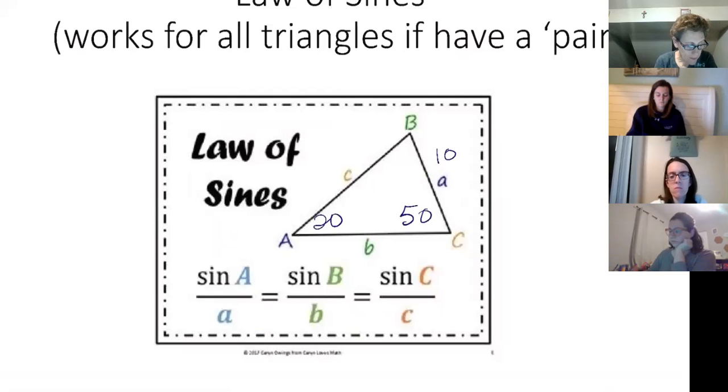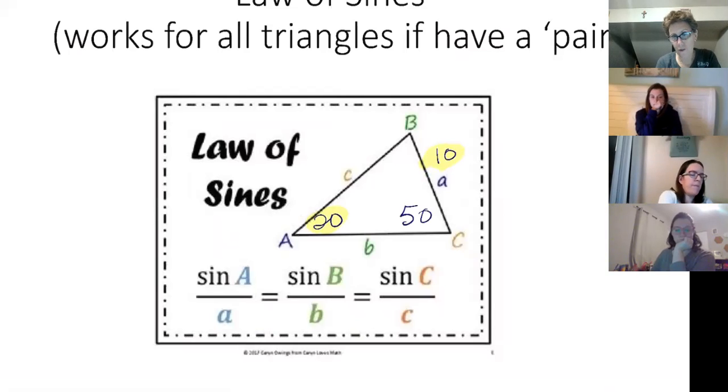So I'm missing another angle and another side. I see I have a pair. I have 20 and I have the side opposite it. The second I have a pair, that is law of sines.